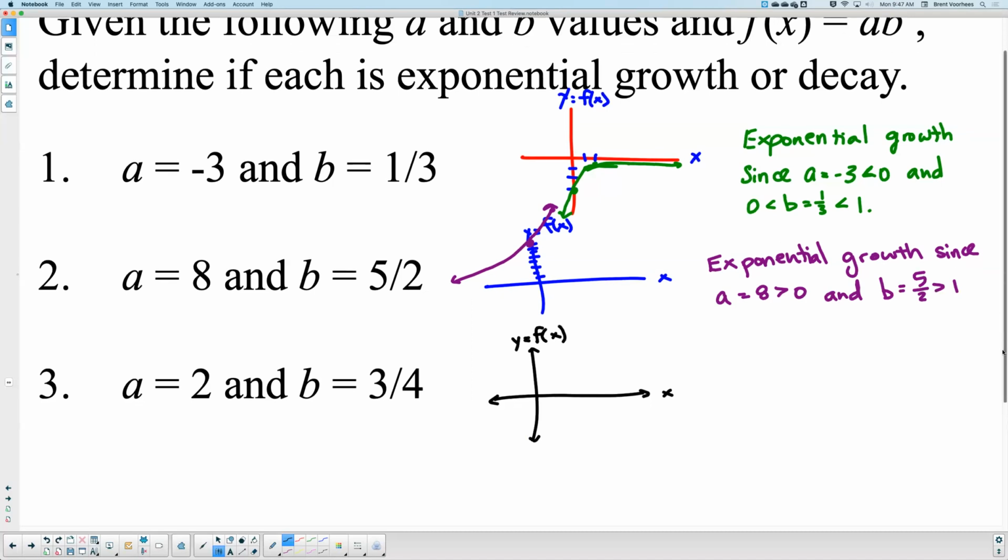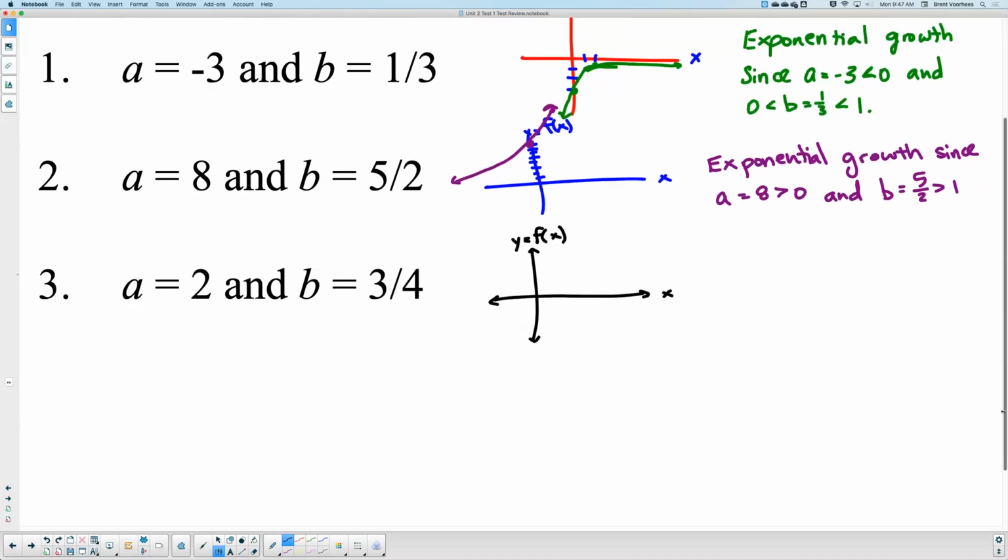All right, this time it says a is 2. What's that telling us? The y-intercept. Where our y-intercept is at 2 there. So there's the y-intercept. I'm going to use different colors so these don't all blend together. Now my b is 3/4.